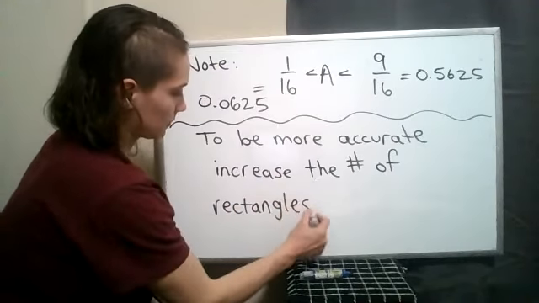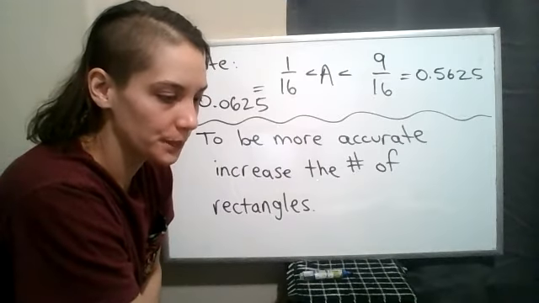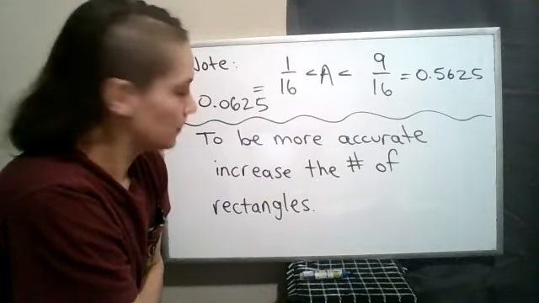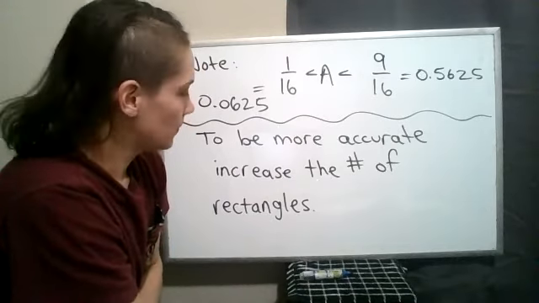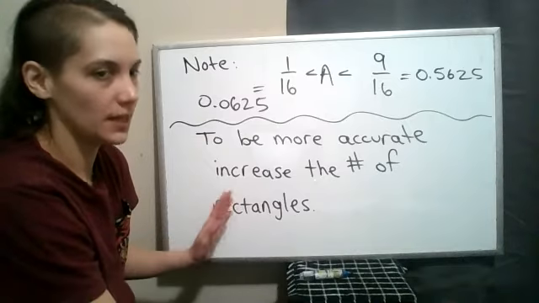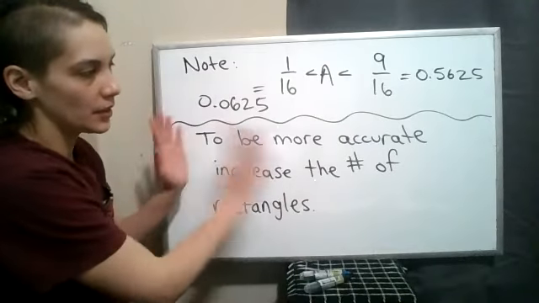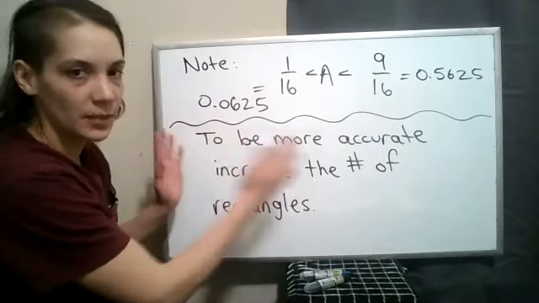Okay, so what we do to get the actual area under the curve is use a limit, and you take the number of rectangles and make them infinite. So we fill the area under the curve with infinitely many rectangles, and that's going to give us exactly what that area is.